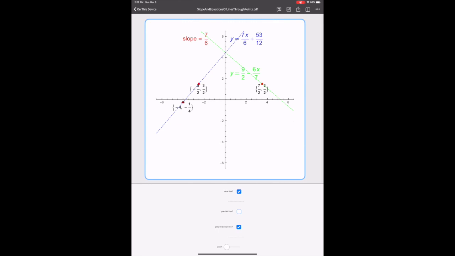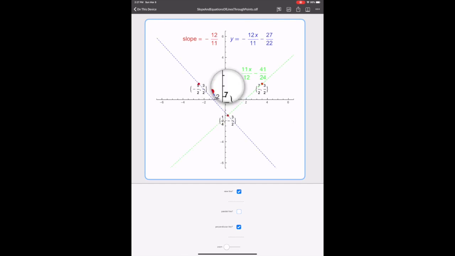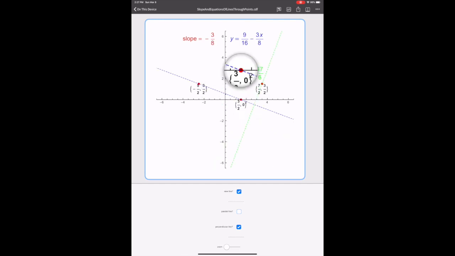And let's see if when we move these lines around, you notice anything about those slopes. Notice as I move them, they're staying perpendicular, so these are perpendicular lines. For the blue line, the coefficient of x is negative 4/7. If I look at the green, I see 7/4.